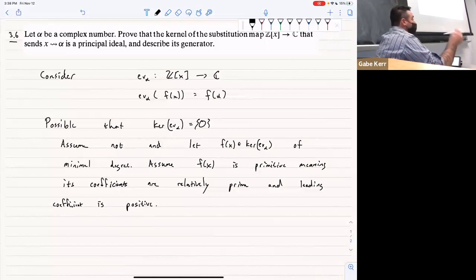So let's say we can certainly choose something of smallest degree, right? Okay, so let's choose something of smallest degree, and it's in the kernel.